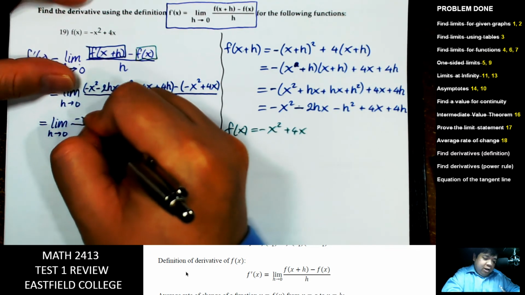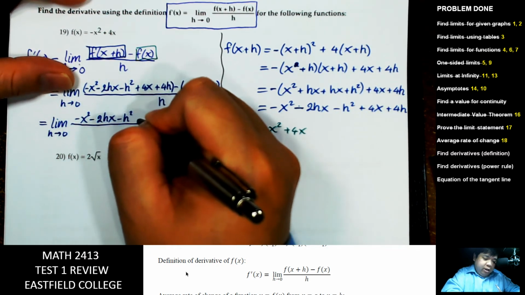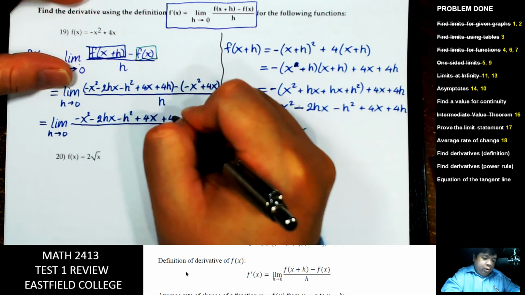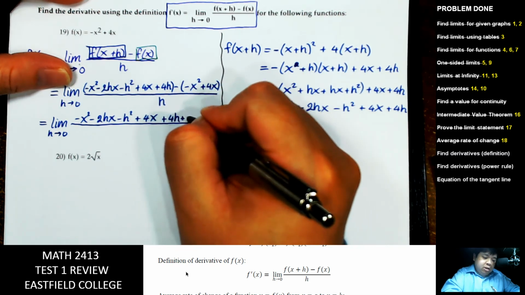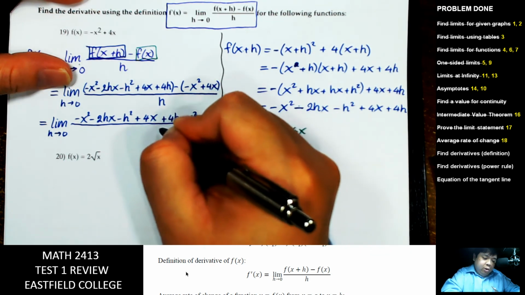So negative x squared, negative 2hx, negative h squared, 4x, 4h, minus a negative, make that a plus, minus 4x, over h.